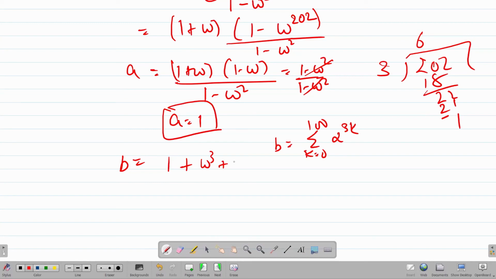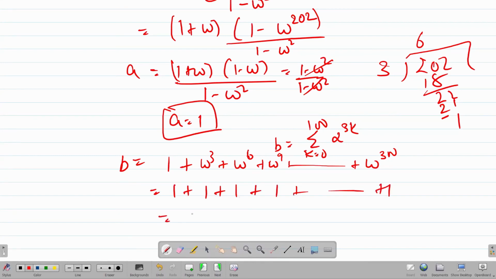By putting K2, I get omega 6. And then I get omega 9 by putting K3, and by putting K100, I get omega 300. And these are all multiples of 3. So each term will give us 1 as the answer. So I'm adding 1, 101 times, since K is from 0 to 100. So B comes out to be 101.